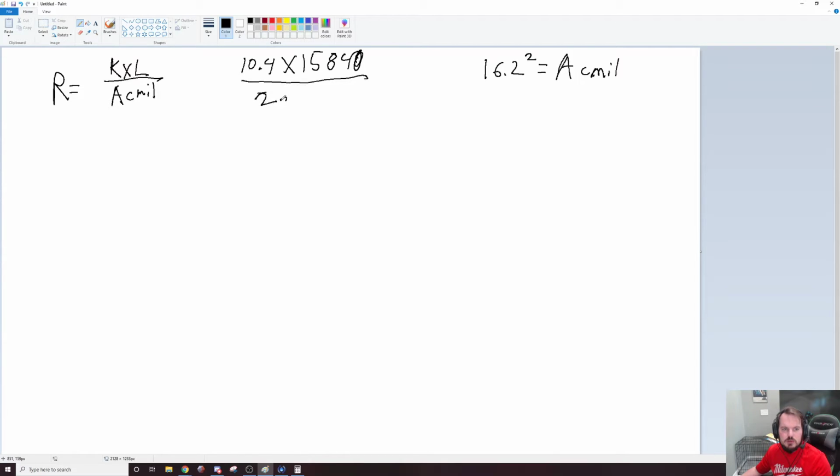So 262.44. What happened is they gave us the diameter, not the radius. So they gave us the diameter of 16.2.